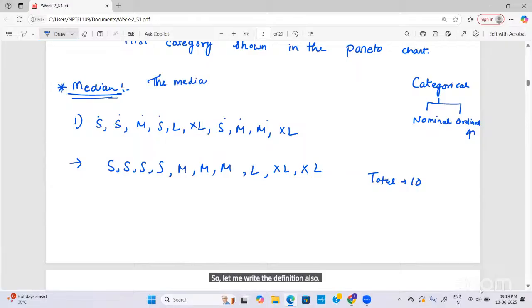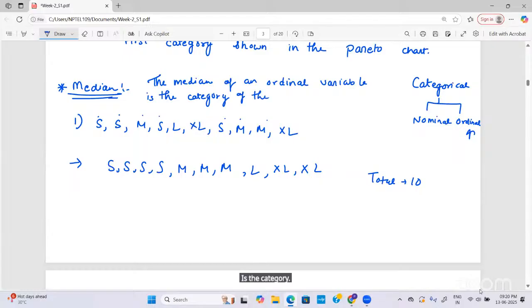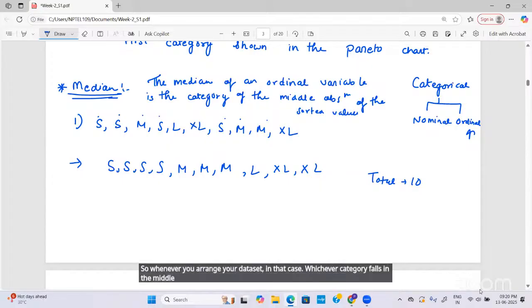The median of an ordinal variable is the category of the middle observation of the sorted values. So whenever you arrange your data set, whichever category falls in the middle of the data set will be your median.